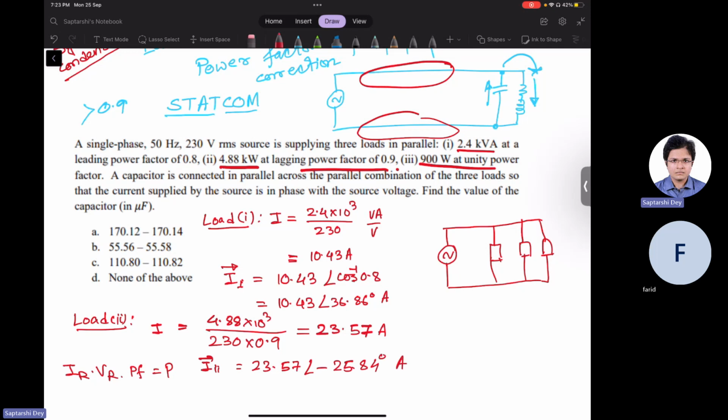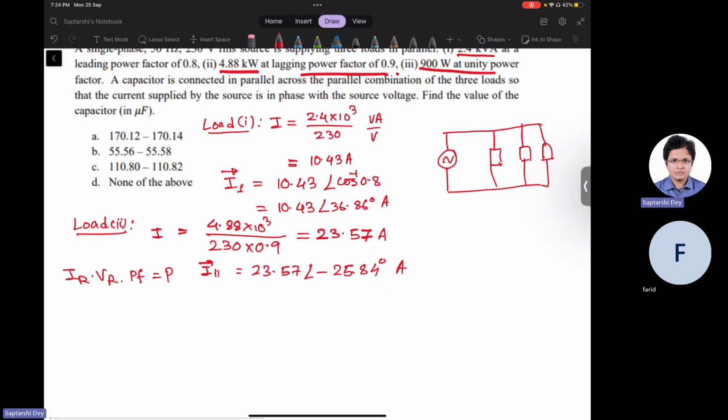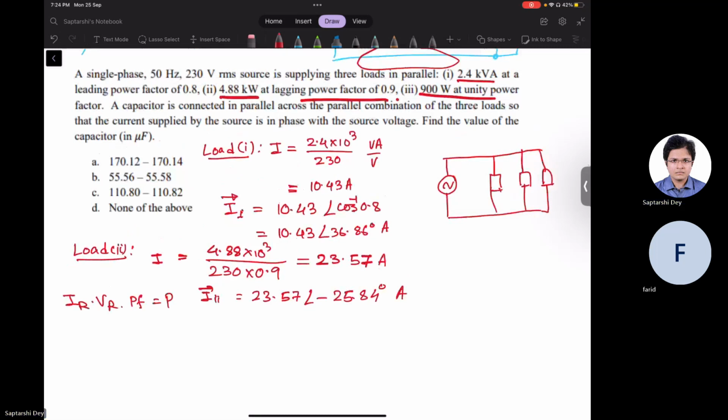Now this much is enough for our calculation, but still for the sake of completion we will calculate the current for load 3 also, that is not required, because we have to just find out the reactive power. I was telling before you joined that whenever you are solving problems for AC circuits, make it a habit of drawing phasors, even if it is not asked.